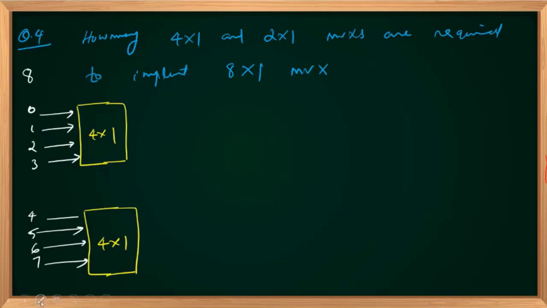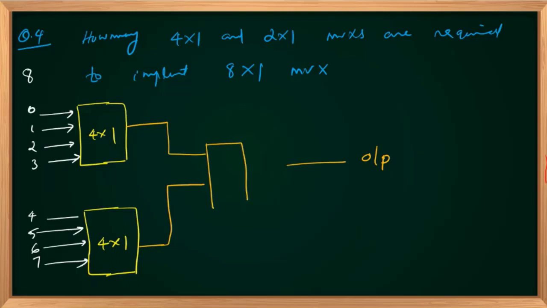But unfortunately we will have 2 outputs, while our 8 by 1 mux will have only a single output. Okay, now. So to combine these 2 outputs into a single output, I require another 2 by 1 mux. A 2 by 1 mux.